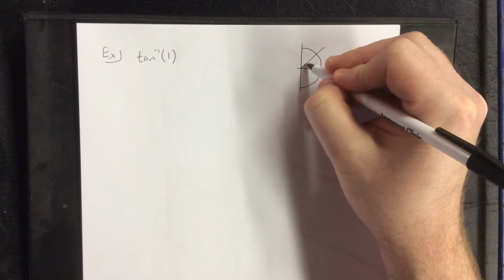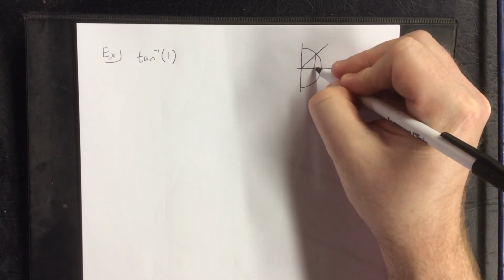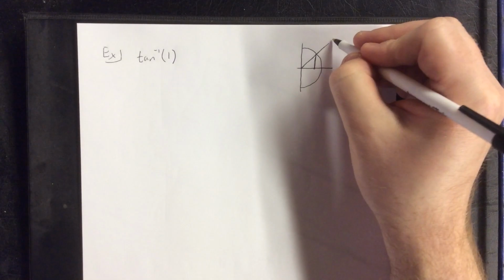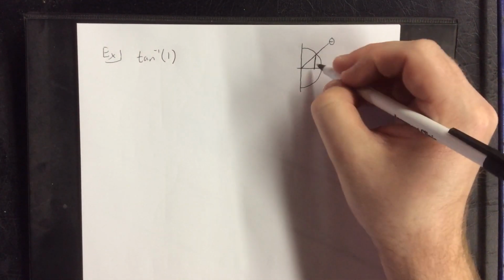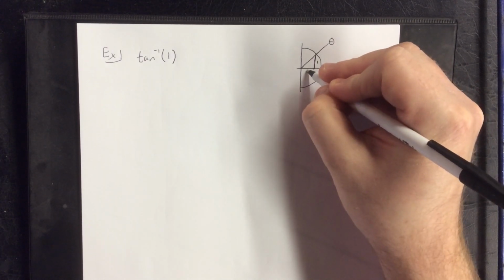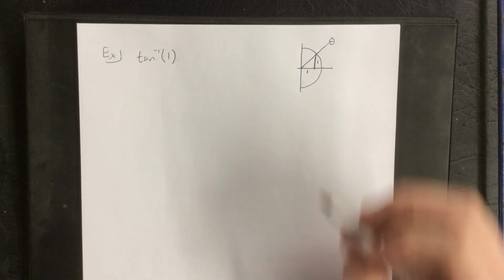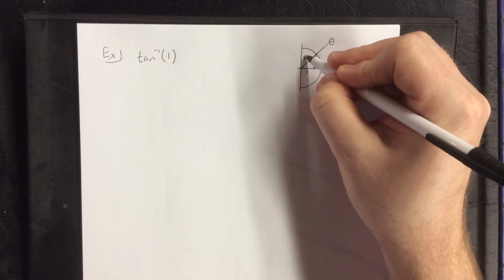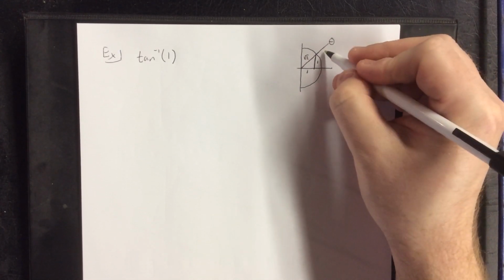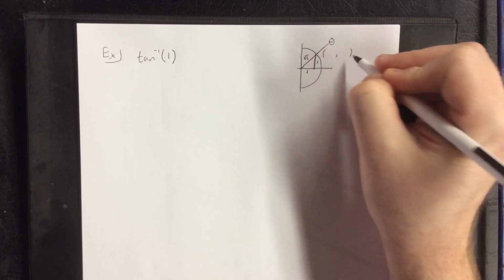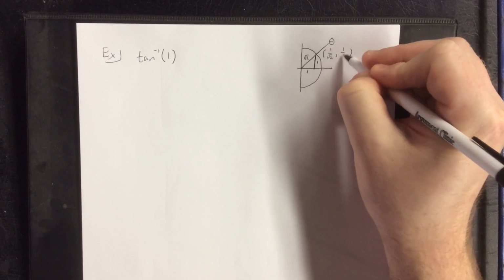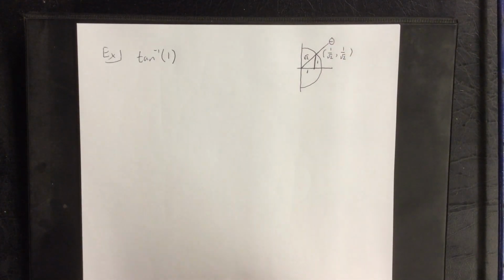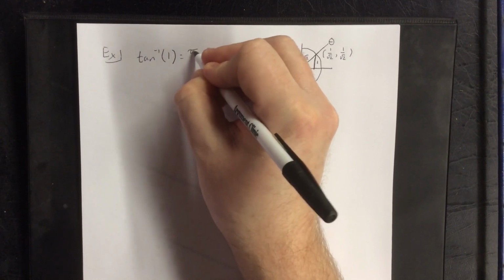Now, rather than simply looking for ordered pairs, what I might consider having you do is set up an angle so that the opposite over the adjacent is equal to 1. Opposite over adjacent is equal to 1. Applying the Pythagorean theorem tells us that the hypotenuse would be the square root of 2, letting us know that we are looking for the angle associated with 1 over the square root of 2 and 1 over the square root of 2. That angle is going to be equal to pi over 4.